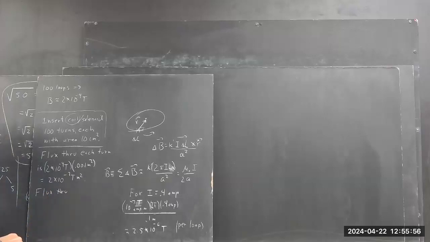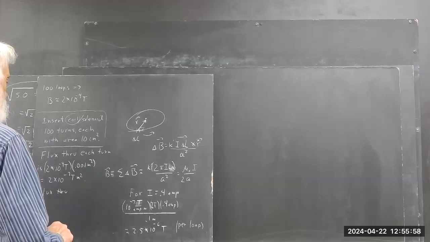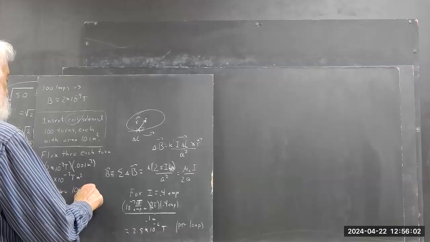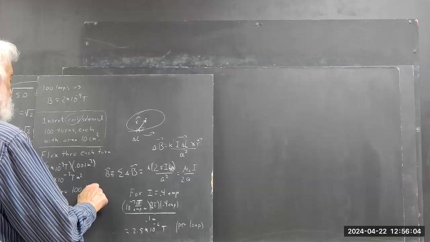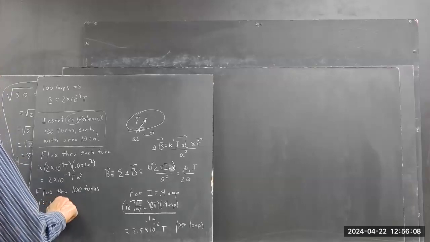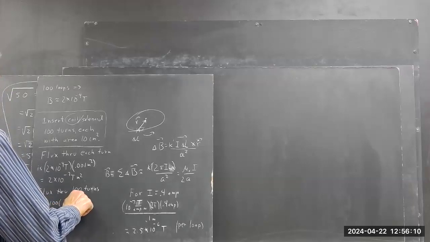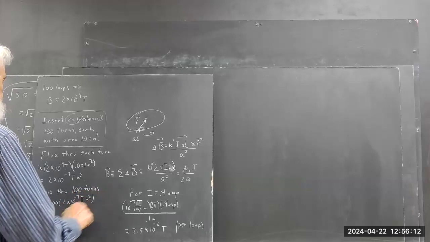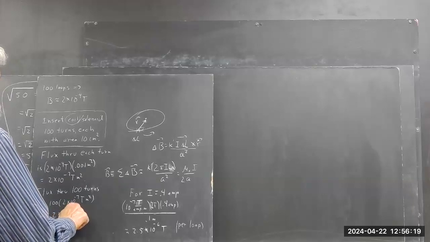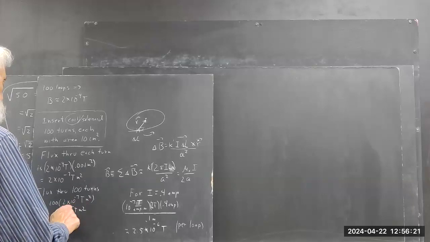Flux through the other terms is 100 times 2 times 10 to the -7th Tesla meter squared equals 2 times 10 to the -5th Tesla meter squared.